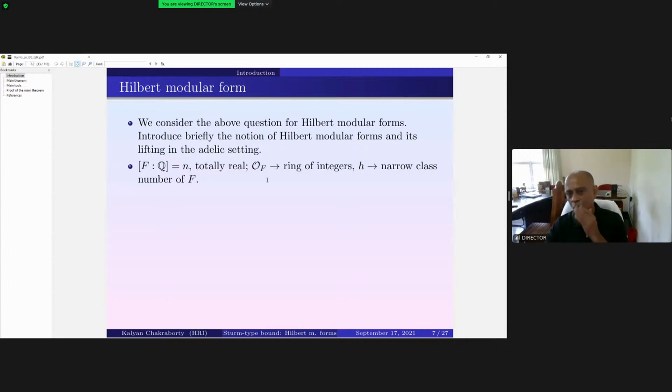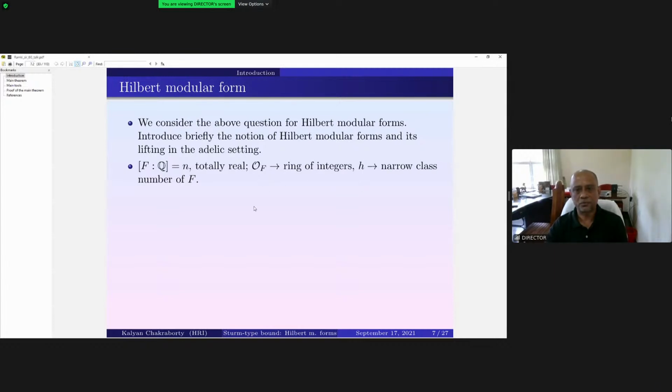I will be denoting by O_F the ring of integers, and by h the narrow class number of F. By narrow class number, I mean the order of the narrow class group, and the narrow class group is simply: take all the fractional ideals and quotient out by principal fractional ideals generated by totally positive elements alpha, so that sigma of alpha is strictly bigger than 0.